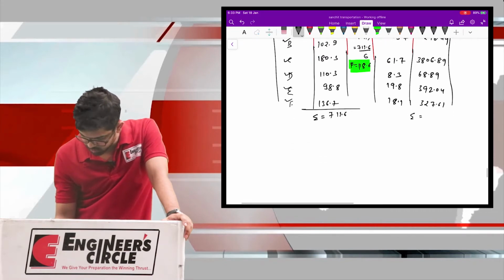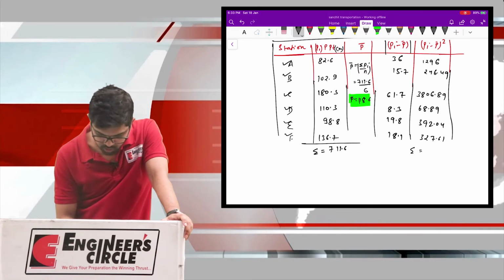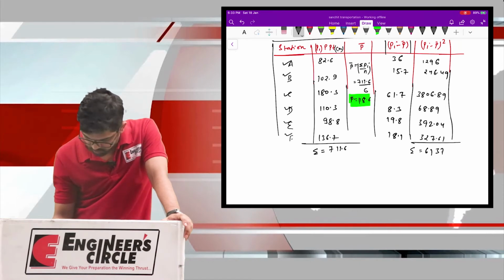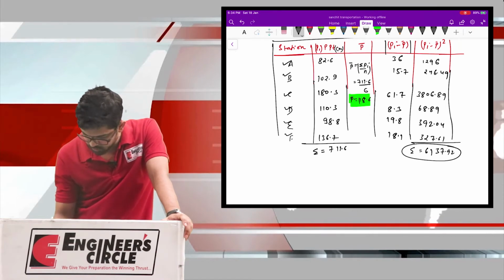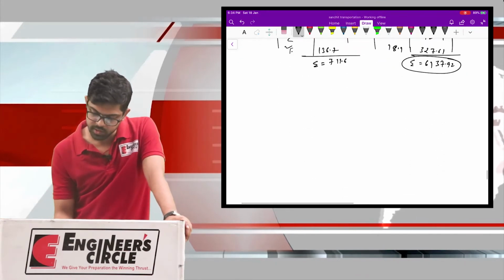Now you sum up the values: 1296 plus 246.49 plus 3806.89 plus 68.89 plus 392.04 plus 327.61. The result is 6137.92.